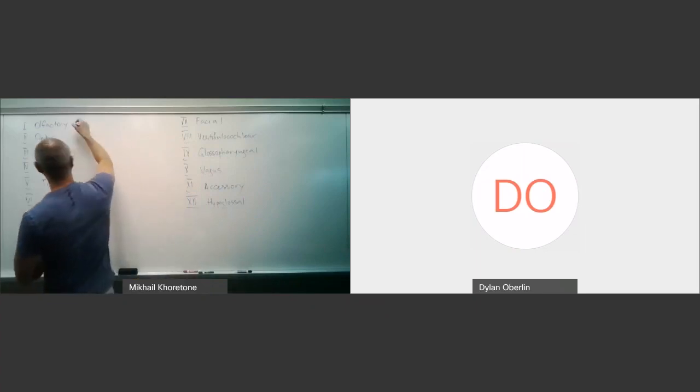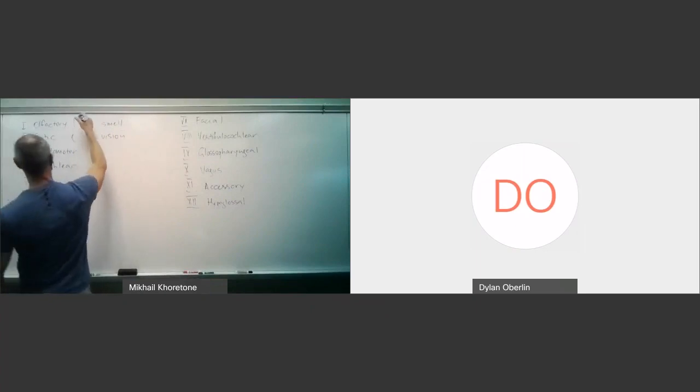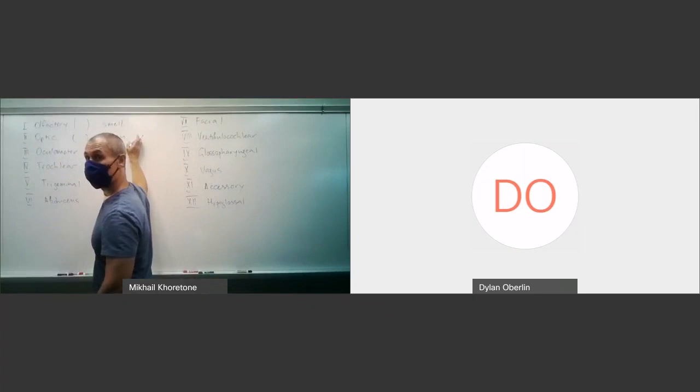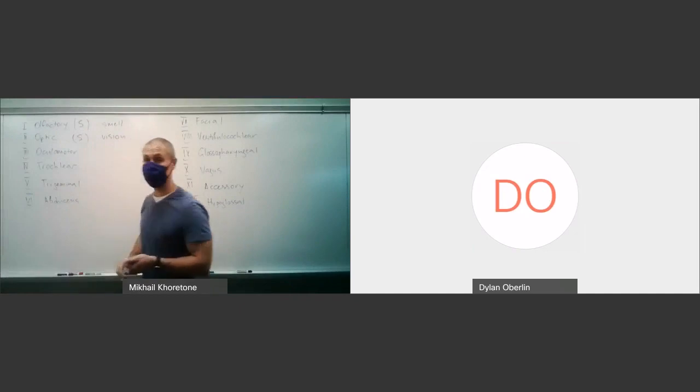The olfactory nerve, smell, optic nerve, vision. Now tell me, are they sensory, motor, or both? Smell and vision. Sensory, of course. Purely sensory nerves, okay?